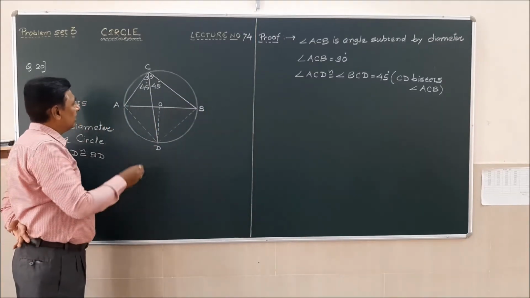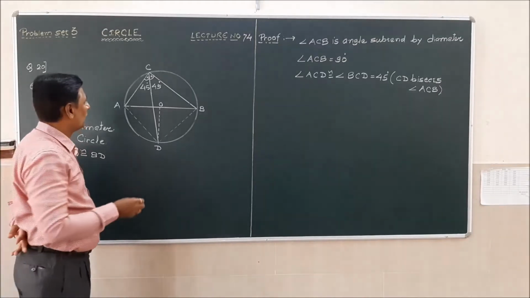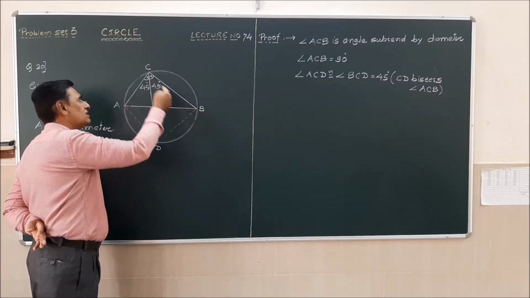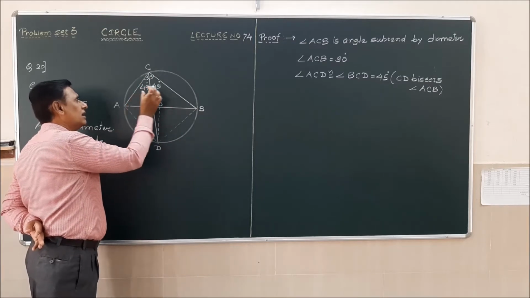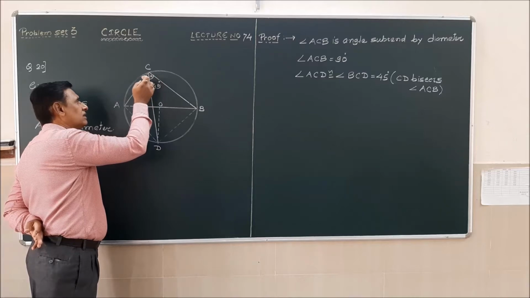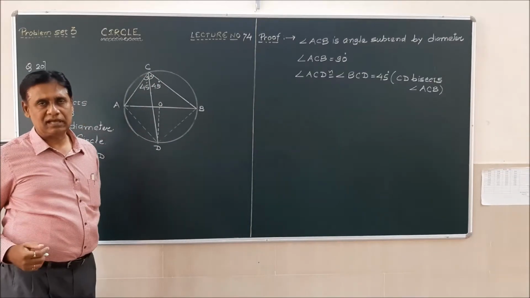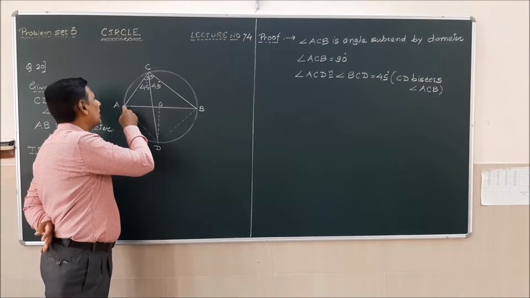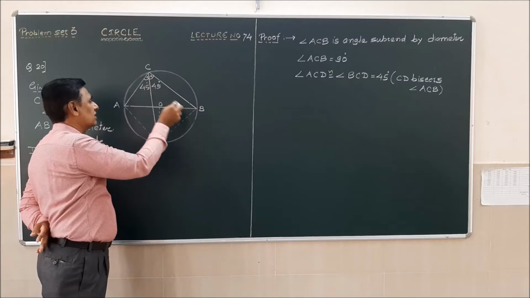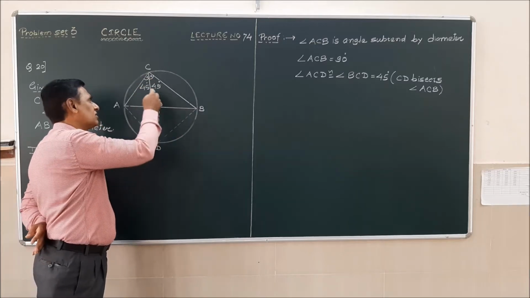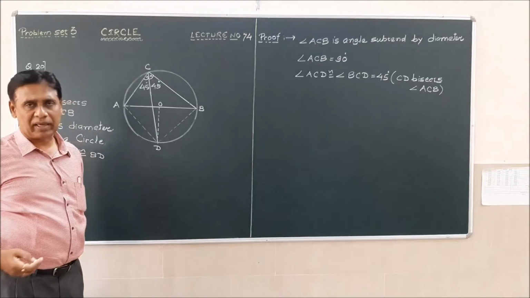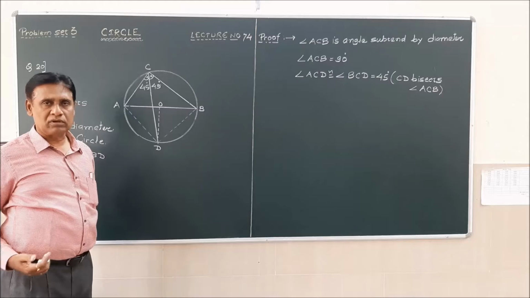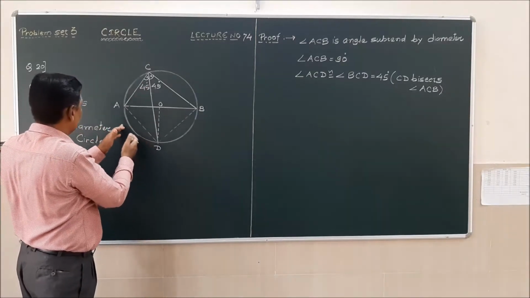Now please try to understand a very important thing. Angle ACD and angle BCD are inscribed angles. Why are they inscribed angles? Because the vertex of ACD lies on the circle, and the vertex of BCD also lies on the circle. Therefore, they are called inscribed angles, and the measure of an inscribed angle is half the intercepted arc.